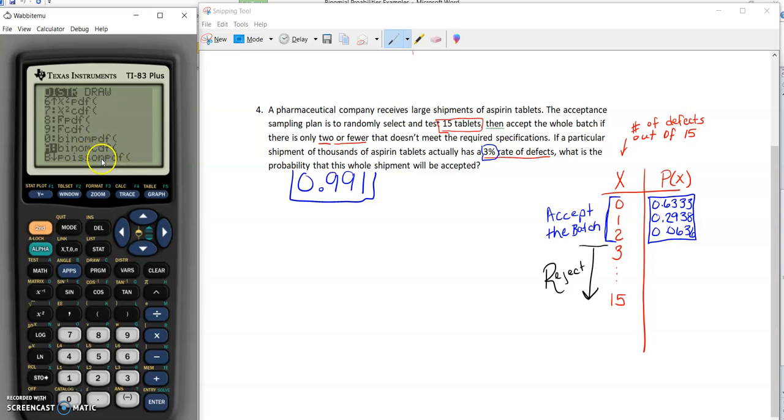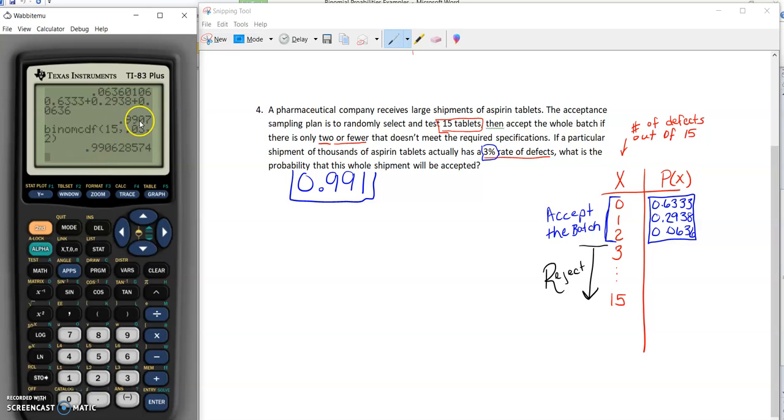Cumulative means they're adding it all up as they go. So if I do the cumulative function, 15, 0.03, and I'm going to do it for 2. If you do the cumulative function and you use x equals 2, the calculator is going to add up the probabilities up to the one that you input, up to 2. So it goes ahead and adds it up for me.